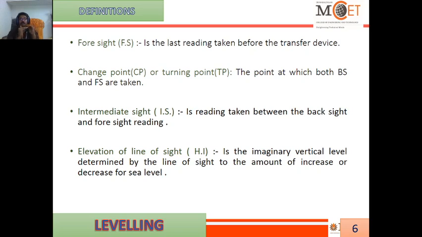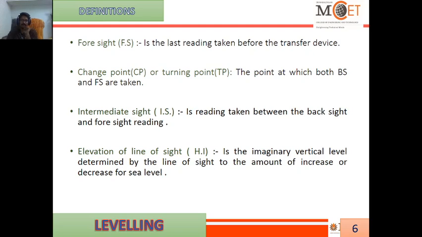So I need to shift my instrument to somewhere else. Before shifting my instrument, I take the last reading. That reading becomes the foresight. You have to remember that, right? Then the point where I shift my instrument is called the change point, or turning point, CP.